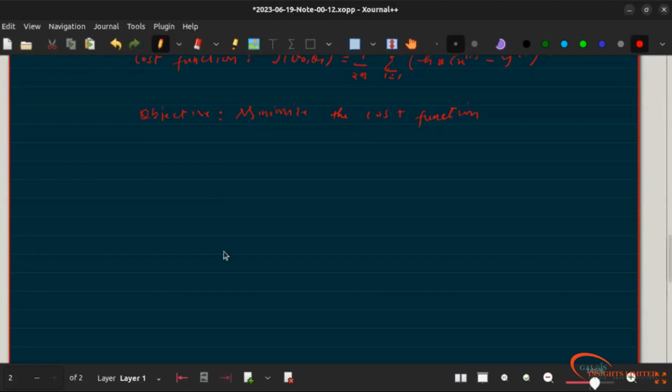So simply, J prime, just to note that this is a function of theta naught, theta 1.